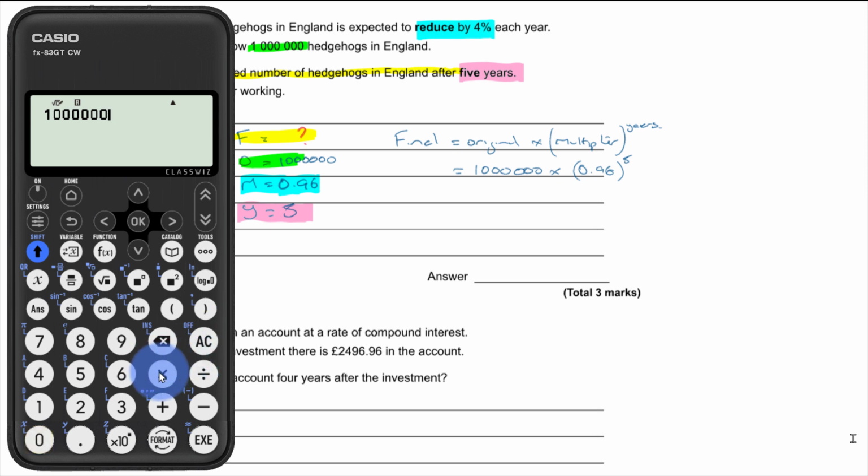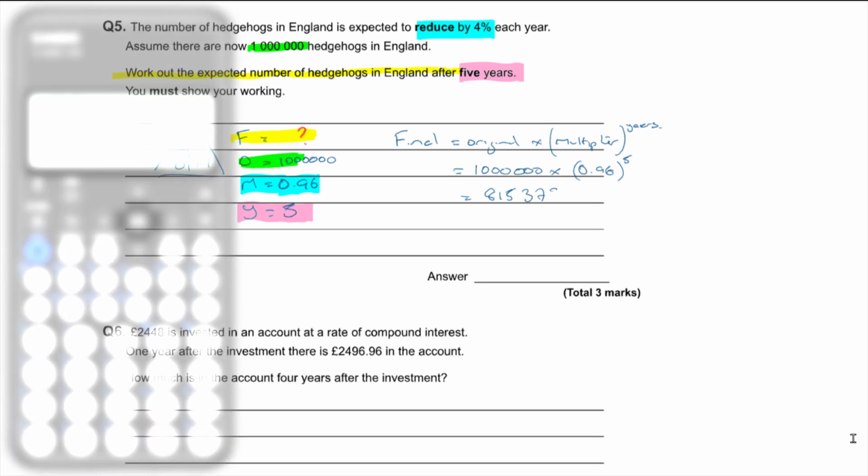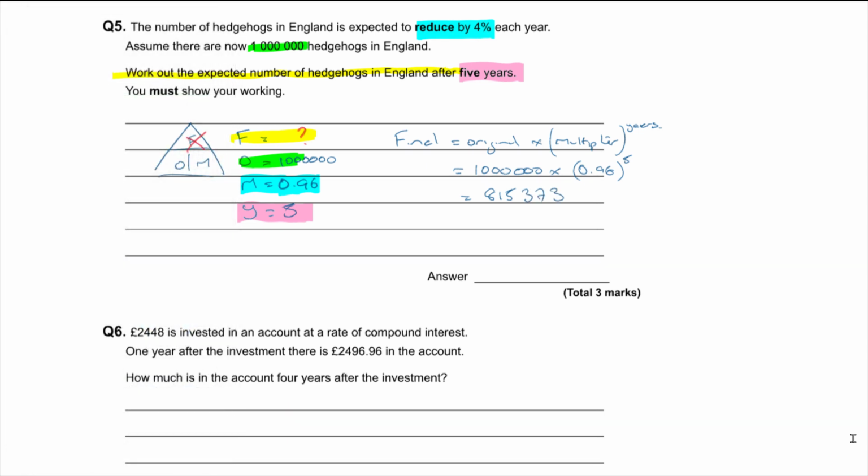Okay, I shall try not to cry when we work this out. So that's 815,373 hedgehogs remaining. 815,373. Okay.